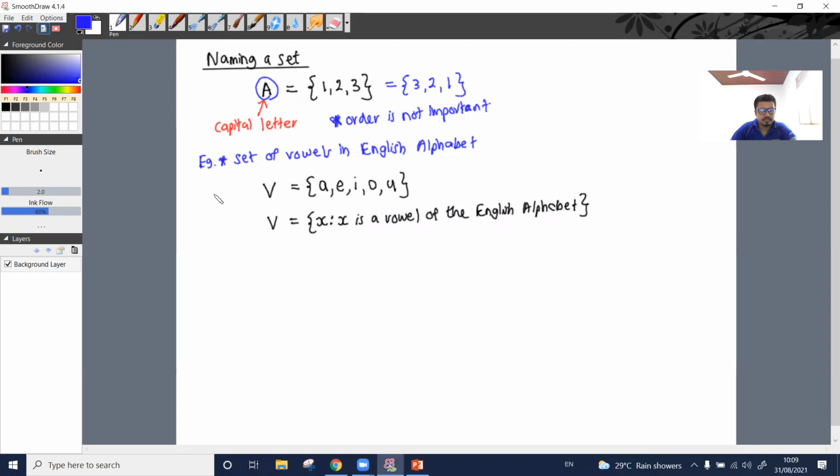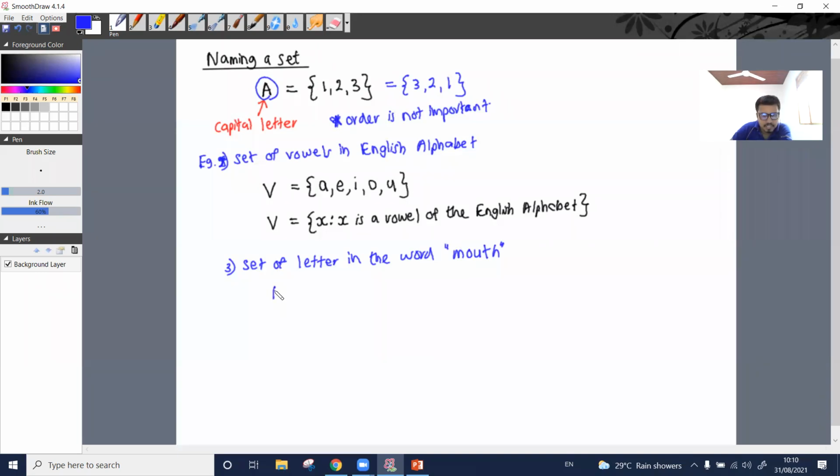Example. This is example number 2. Example number 3: the set of letters in the word mouth. We need to write the set of letters in the word mouth. How can we write this set?